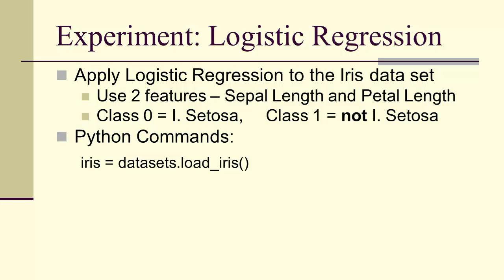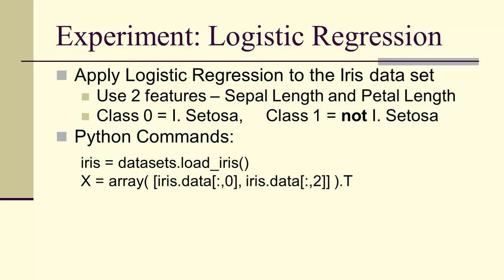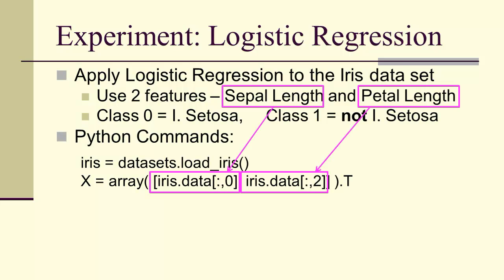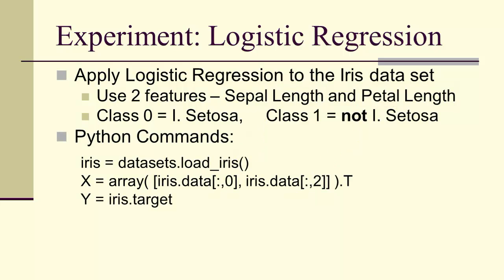Here are the actual Python commands. We would load the iris data. We get X is going to be an array, which is going to be the 0 sepal length and 2 petal length features for these irises. We're going to have the target.